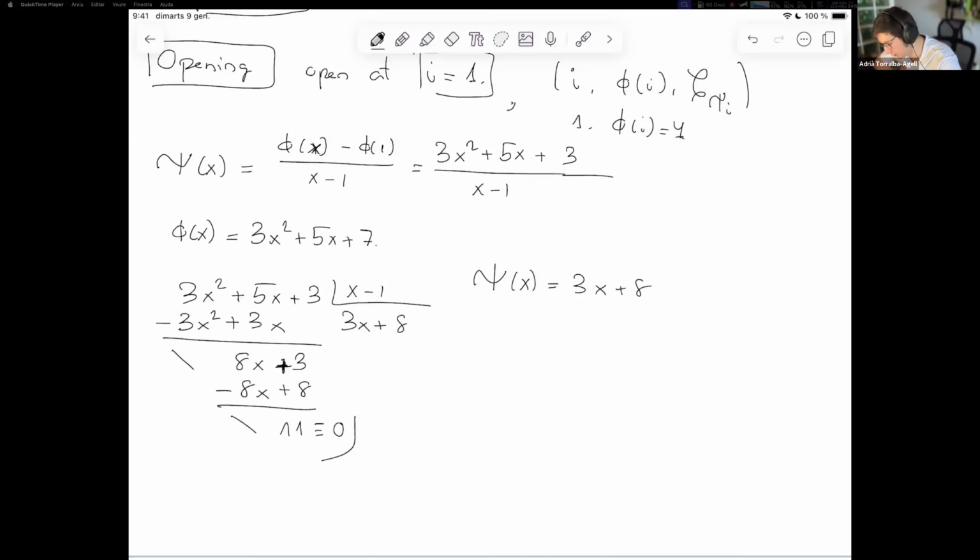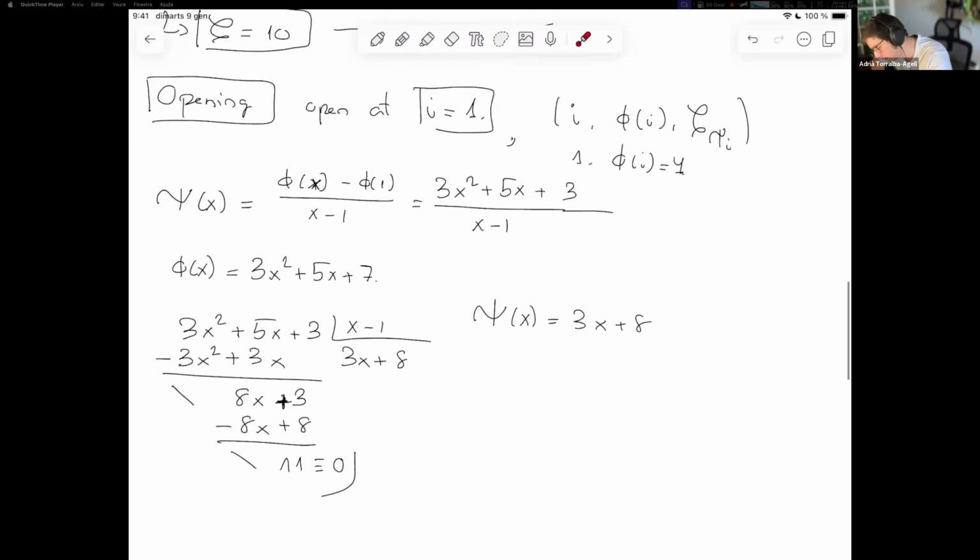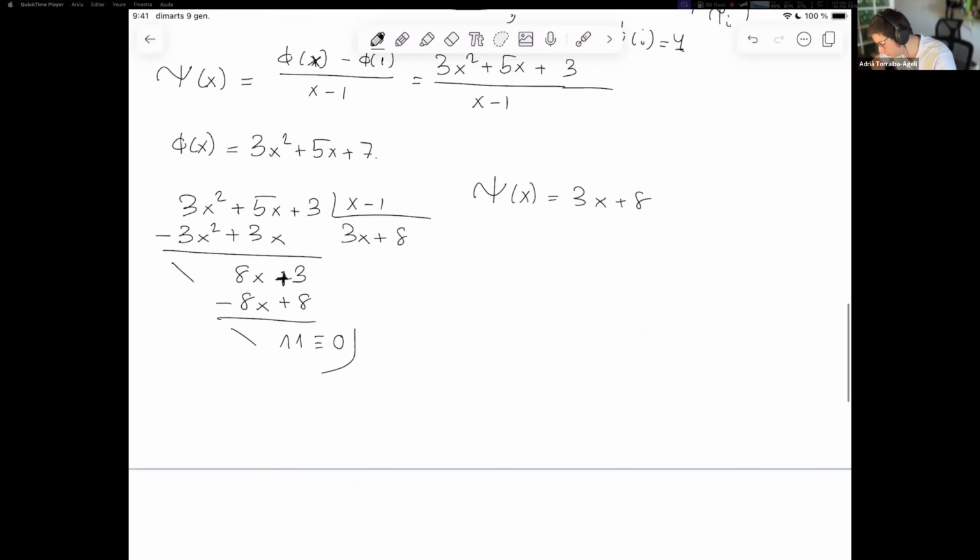Again, is it clear what we have done? We are trying to provide the verifier with I, we already have phi of I, which is 4, and we need a commitment for the polynomial that we computed. We are going to do the commitment just as before. I will write this for you.